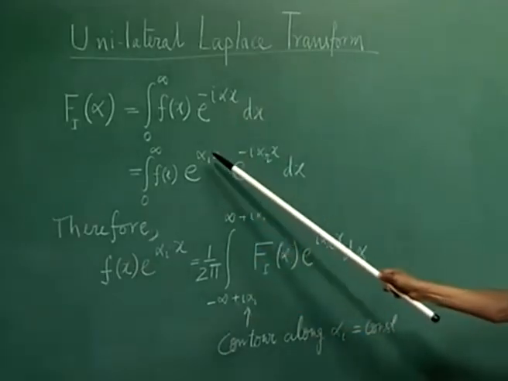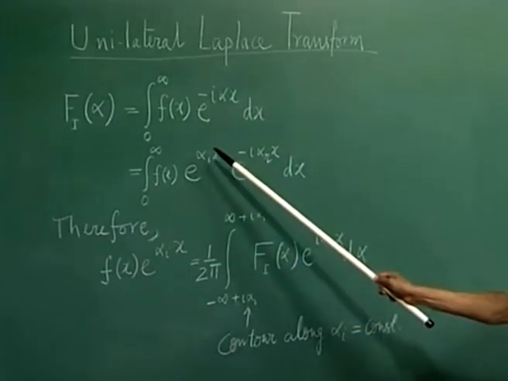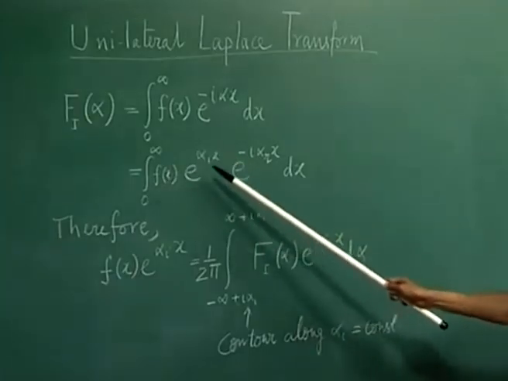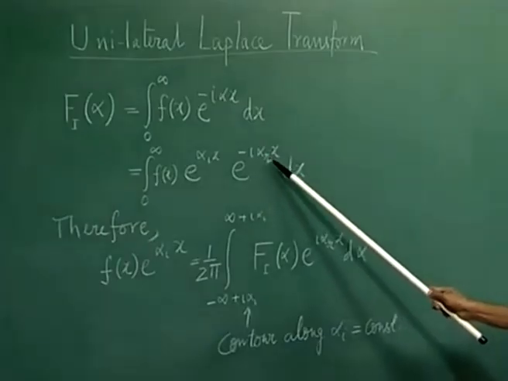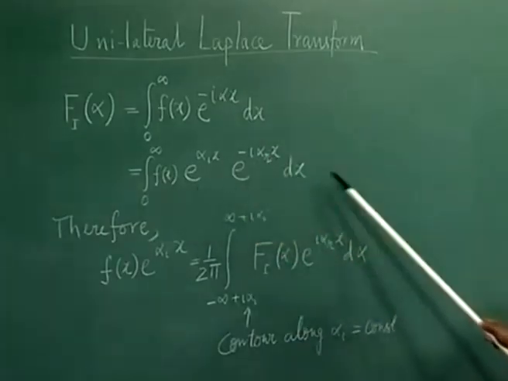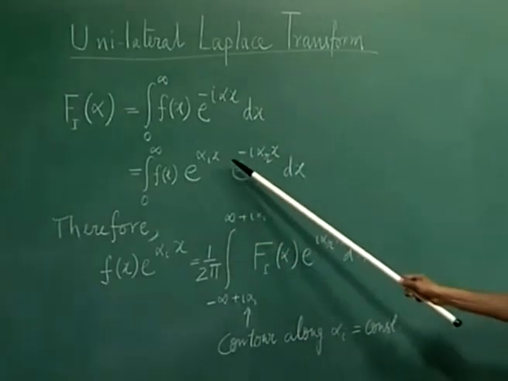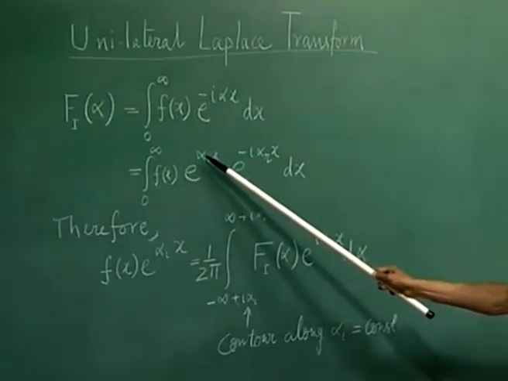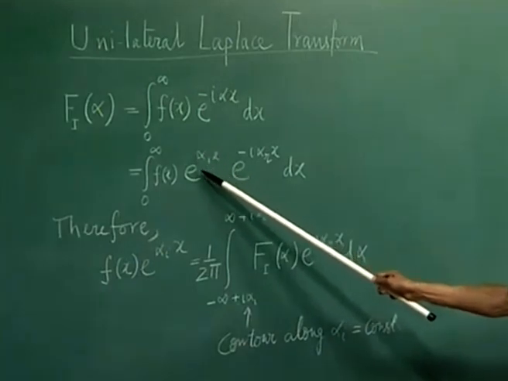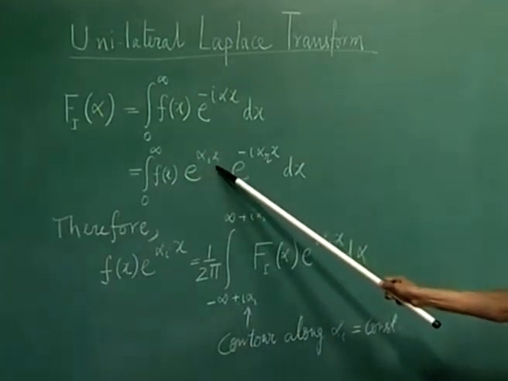So, if I take alpha I negative, then what will happen? The original problem, if I had just taken a real alpha r, may be difficult to perform this integral, but the moment I multiply it by e to the power alpha I x, then what happens?